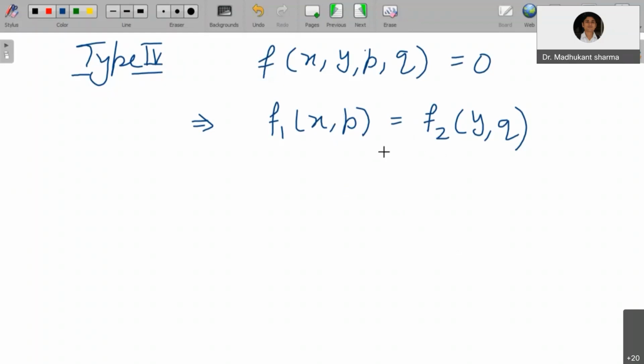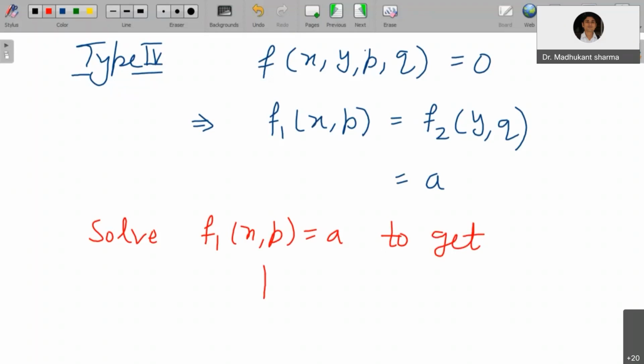Then what you can do is you can set that equal to a. Now solve f1 of x comma p equals a to get some p equal to a function of a and x. That is a function of x and p, and you are putting it equal to a constant. You can always do that.